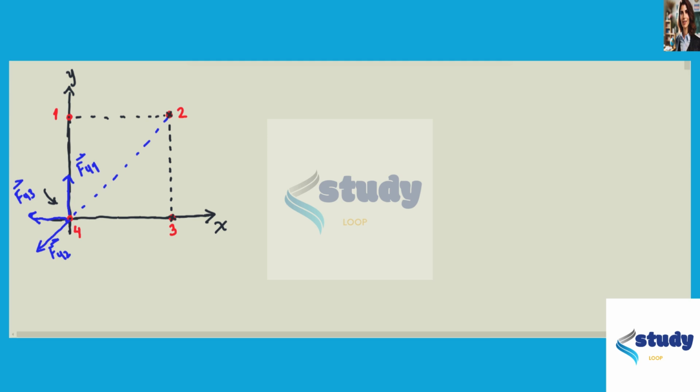And the net force that we call F4 is just the superposition of all of these forces that we will have for 1, for 2, and for 3.